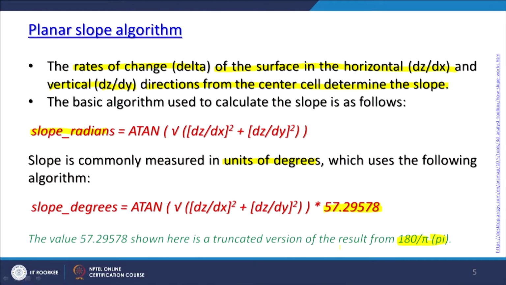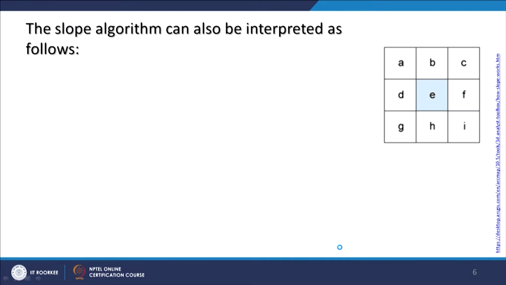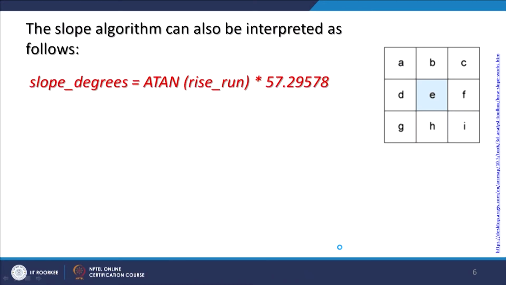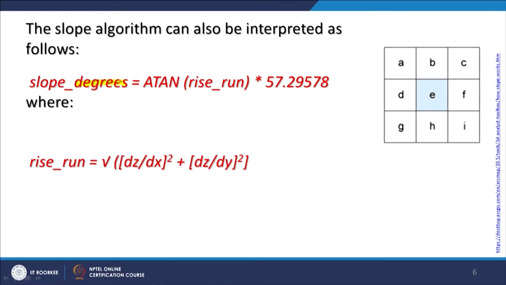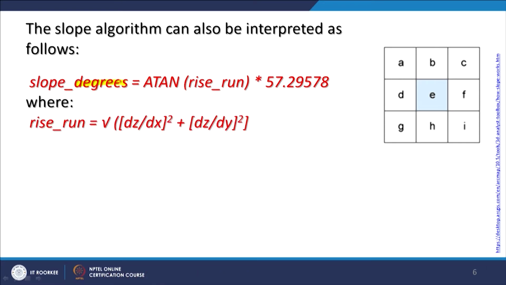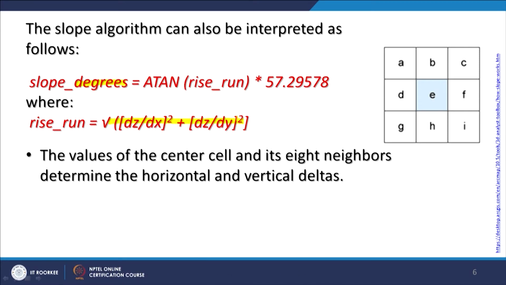Now here is the value multiplied by 180 degrees by pi. The slope algorithm can also be interpreted in this form, slope in degrees, where you know that rise over run will be decided based on this expression, and the value of the center cell and its 8 neighbors.